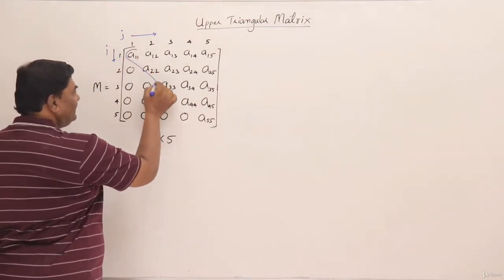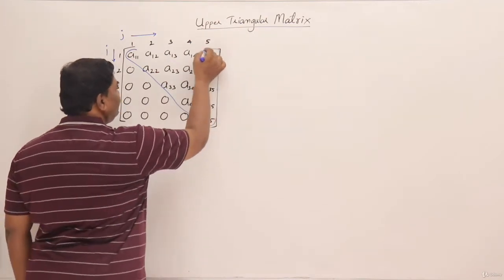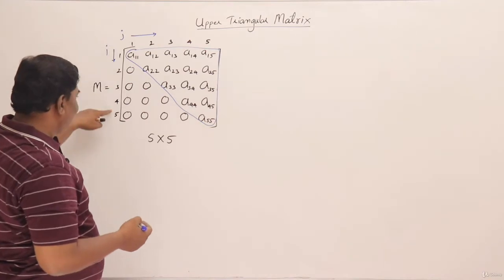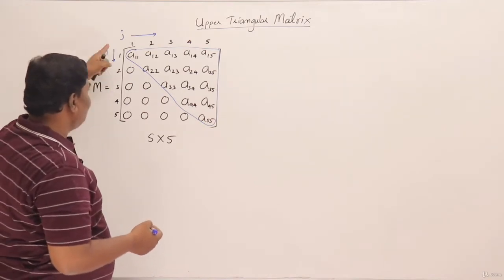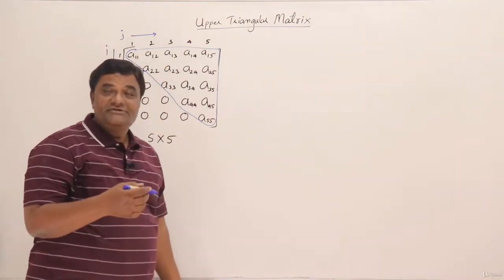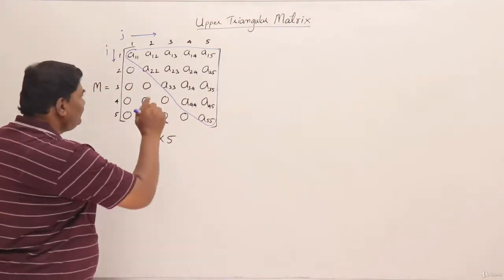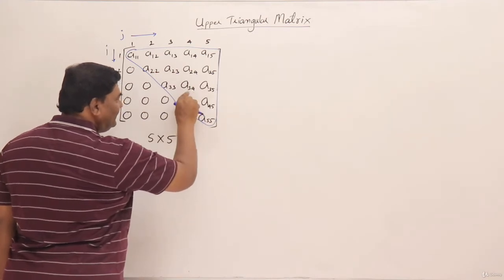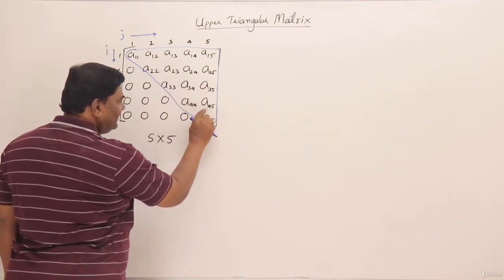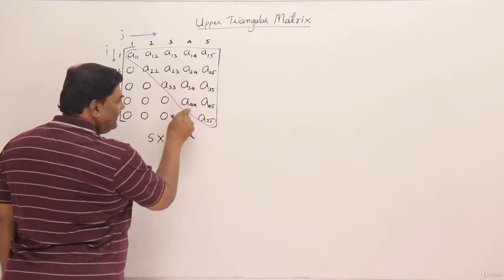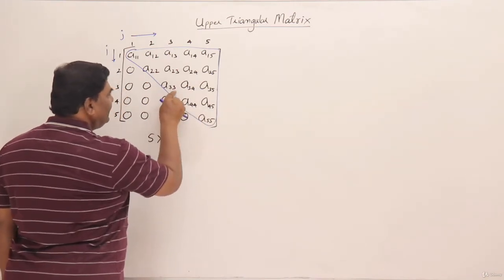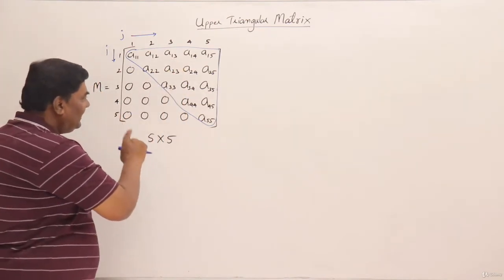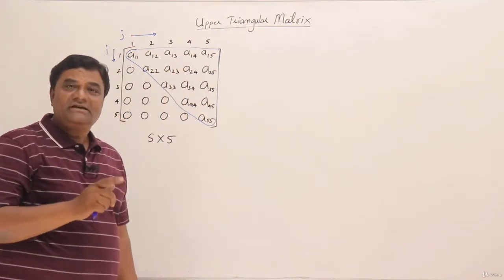If I observe the indices i, the row numbers, and j, the column numbers: 2 3, 2 4, 3 4, i is less than j. 4 5, i is less than j. 4 4, i is equal to j. 1 3, i is less than j. So elements with i less than or equal to j are non-zero.